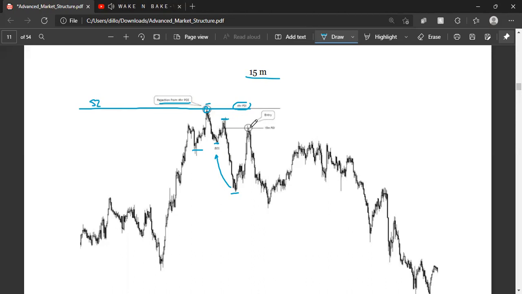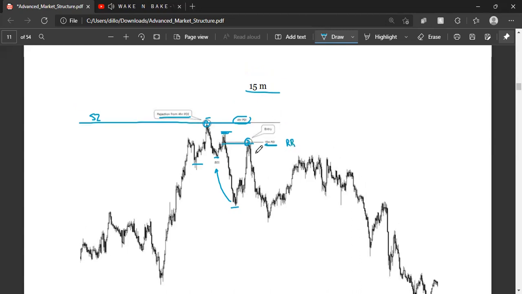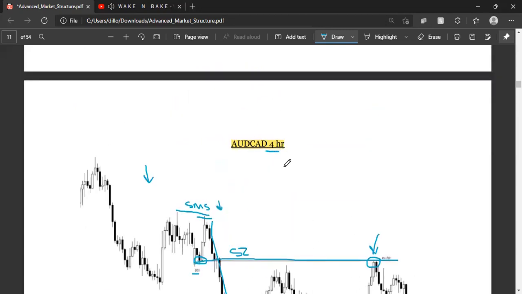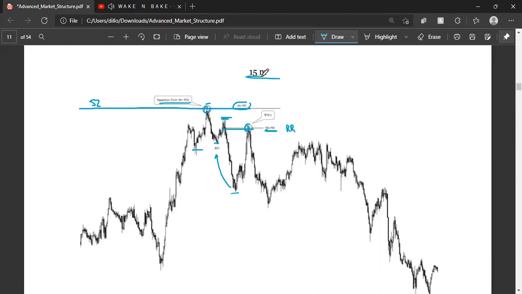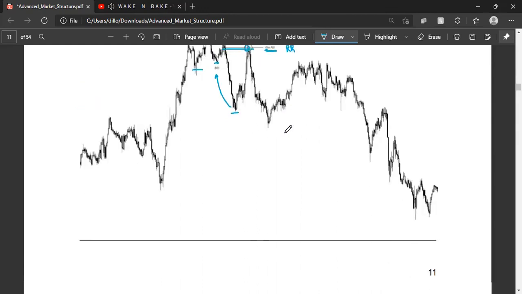As price moves back up there, we take an entry off of our 15-minute point of interest, with stop loss above the high. Beautiful risk to reward on this trade using a 4 hour point of interest and a 15-minute structure.